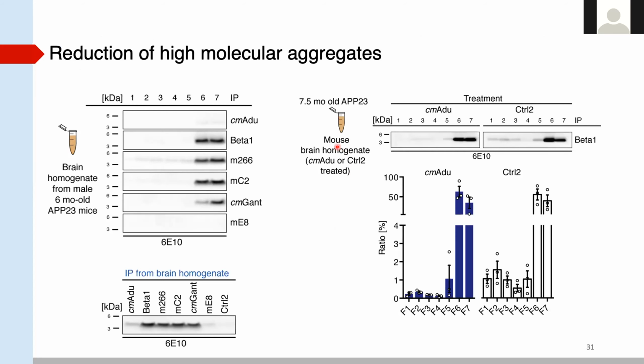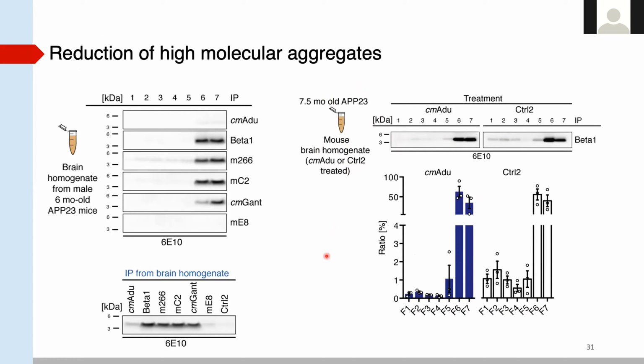And therefore we used 7.5 months old APP23 homogenate from ADU or control treated animals and subjected this to our ARPA assay. And I think you can nicely recognize that in the ADU treated animals, we basically lose signals in the high molecular weight fractions of this ARPA, whereas we see something in the control animals. And you can not only see this on the Western blot, but also nicely in this ratio that we made.